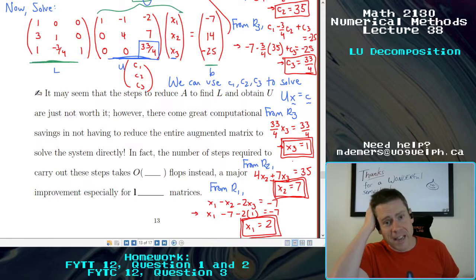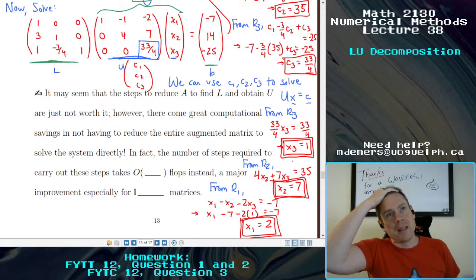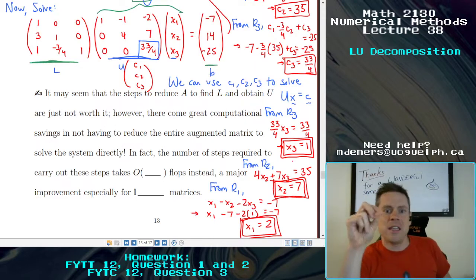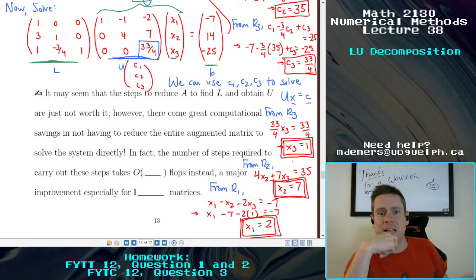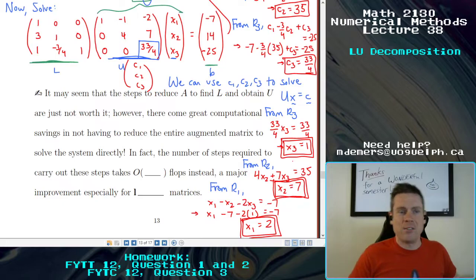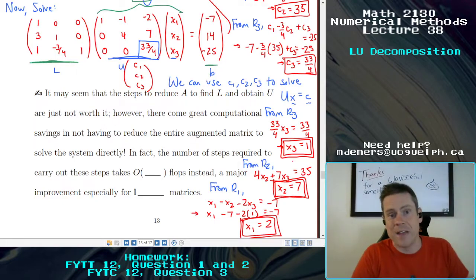So what you find is that the number of steps required to come to a solution is actually reduced in order. You remember from the last lecture, to use Gaussian elimination, the number of steps increases on the order of n cubed.